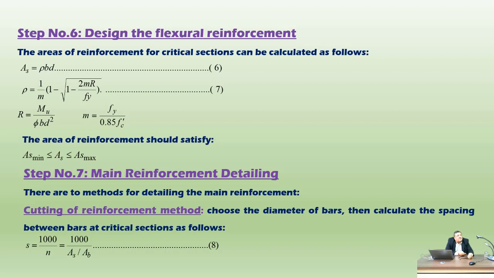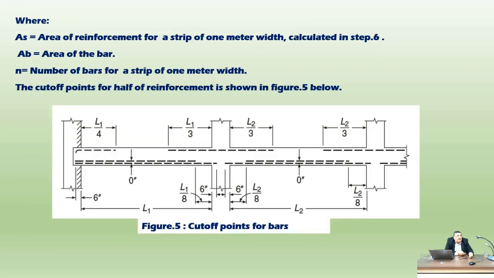S equal to 1000 over N, and N equal to 1000 over As over Ab, where As is the area of reinforcement for a strip of 1 meter width calculated in step 6, Ab is the area of the bar, and N is the number of bars for a strip of 1 meter width.